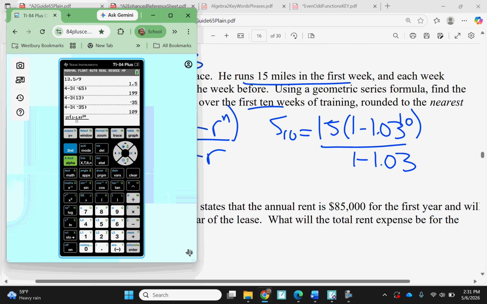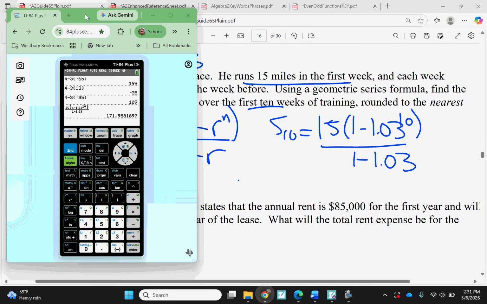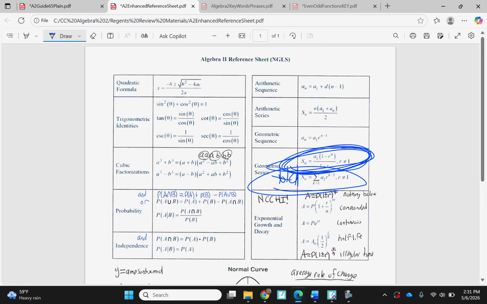Make sure the parentheses are in the appropriate spot. Over 1 minus 1.03. And I've got, to the nearest thousandth, 171.958. Total is Sn. You get that from your reference sheet, your geometric series, your explicit.